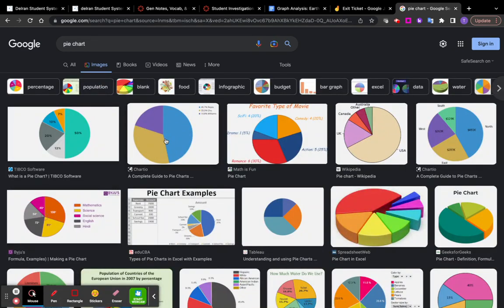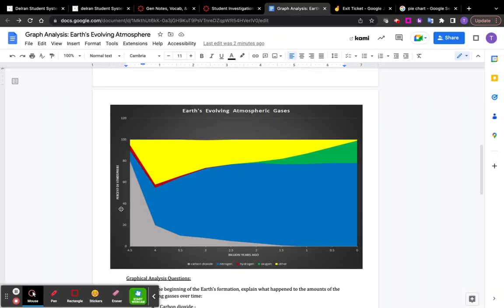So if we're talking about the atmosphere, when you look at one pie chart, it'll tell you that this much of the atmosphere is made of this gas, this much is made of this gas, and this much is made of this gas. Now, the only problem with one pie chart is that it only shows you one period of time. So this could be 1999, or 3,000 years ago, or a billion years ago. But we want to look at the composition of the atmosphere over all these times.